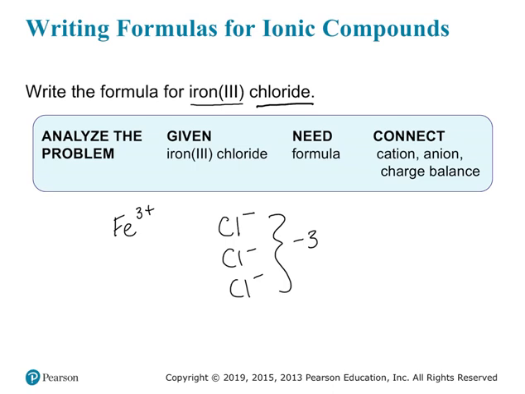So the formula will be FeCl3. So this is entirely different from FeCl2, which we saw earlier. So again, remember that charge is going to have a huge effect on the chemical formula. So make sure to include those Roman numerals in your name if you have a transition metal with variable charge.